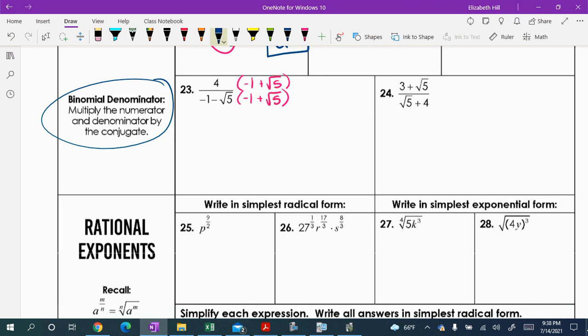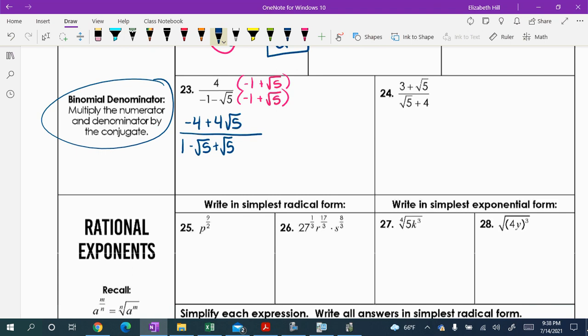Up on the top here then, this is going to give me -4 plus 4 square roots of 5. On the bottom, you have to FOIL. -1, that's 1. -1 times the square root of 5 is a negative square root of 5. -5 times a -1 is a positive square root of 5.